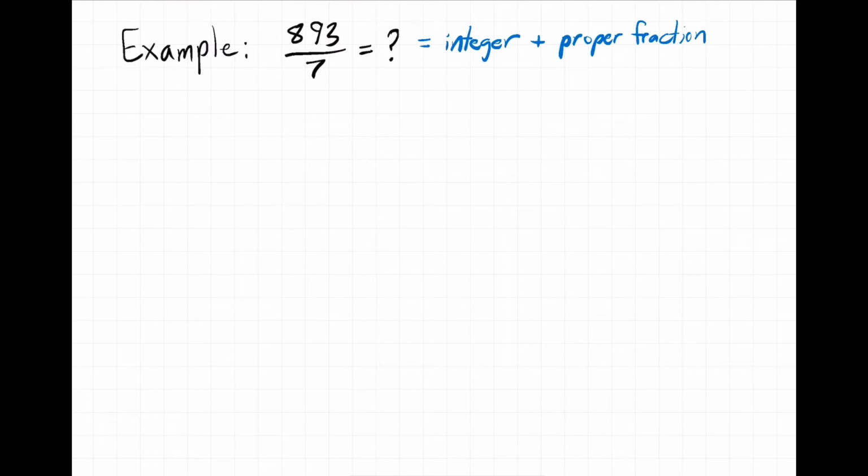So how do we do this? We can do long division. And you learned how to do this in grade school. You might have forgotten, but it's a very simple algorithm. And it's important to think about how that algorithm is actually working. So let's just do this as an example here. We are looking for 893 divided by 7. And let's make sure that we're thinking about how this algorithm works as we follow the process.